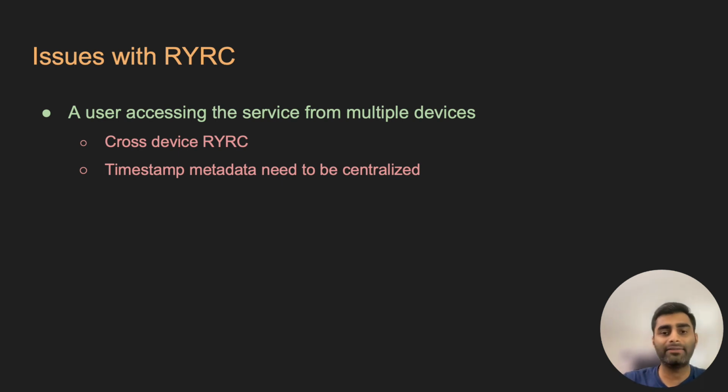What it means is that if the user enters some information on one device and then views it on another device, they should see the information that they just entered. So in the approach where we remember the timestamp of the user's last update, this will be difficult. This is because the code running on one device doesn't know what updates have happened on the other device. So this metadata about the timestamp will have to be centralized.